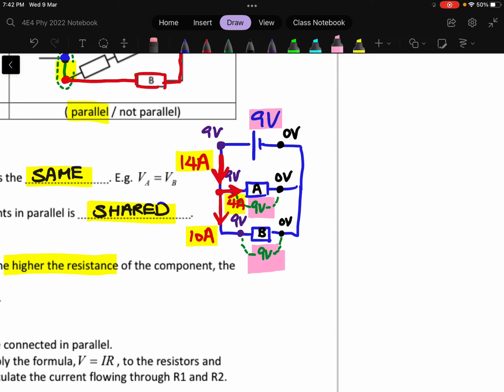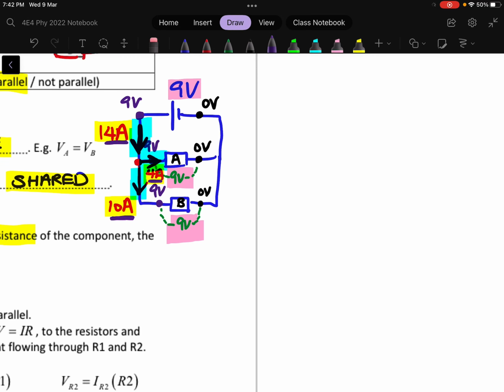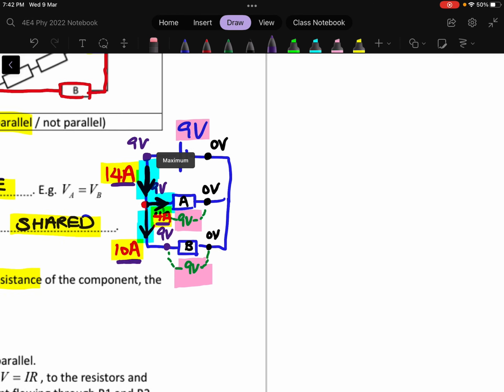The other characteristic about parallel circuit is that the main current will be split into the different branches, and as such you can see that the current going through A and the current going through B, when you combine them you will get back the main current. And the characteristic of this sharing is that if your resistor is of a high resistance, you will actually have a very low current.